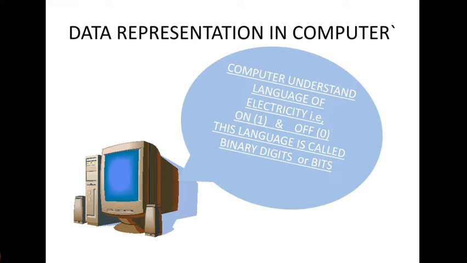So, computer understands only two digits, that is 0 and 1. These two digits are known as binary digits, also known as bits.